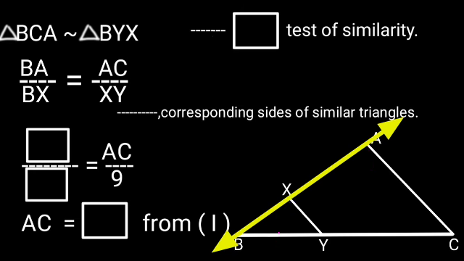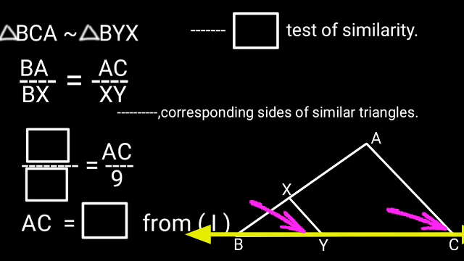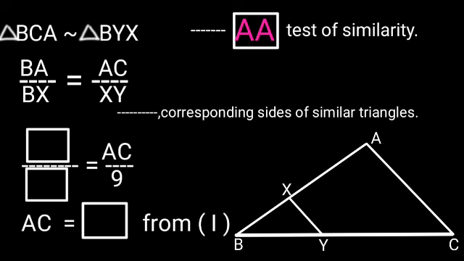In the first case, angle X and angle A will be congruent. In the second step, BC is a transversal. Then angle Y and angle C are congruent. Hence in the box we can write AA test.